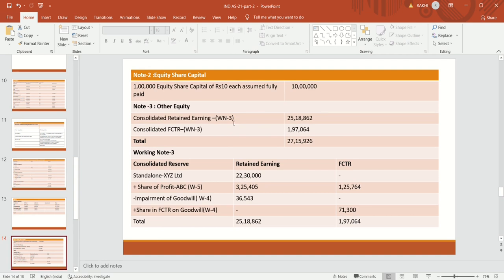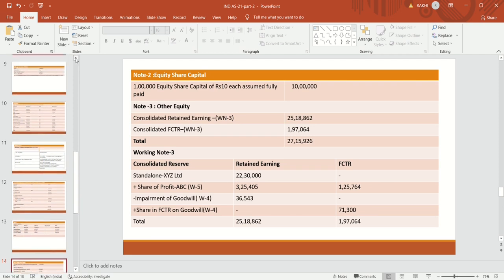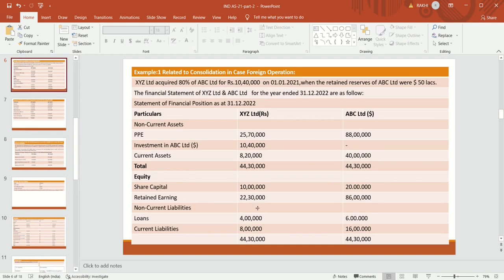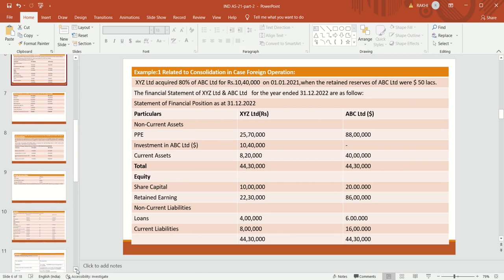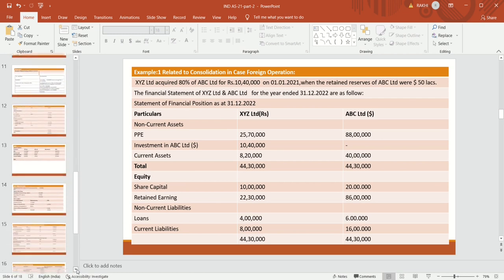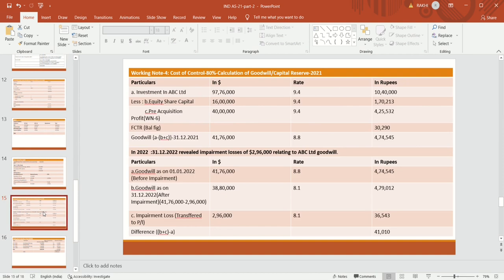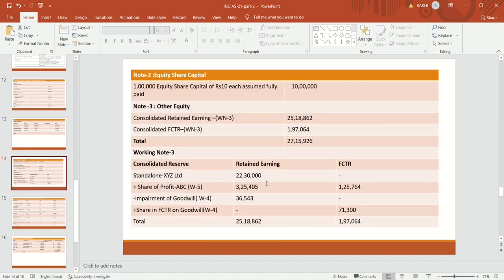Consolidated retained earning means the retained earning of standalone XYZ Limited, that is 22,30,000. Share of profit of ABC Limited means whatever the retained earning of ABC Limited.